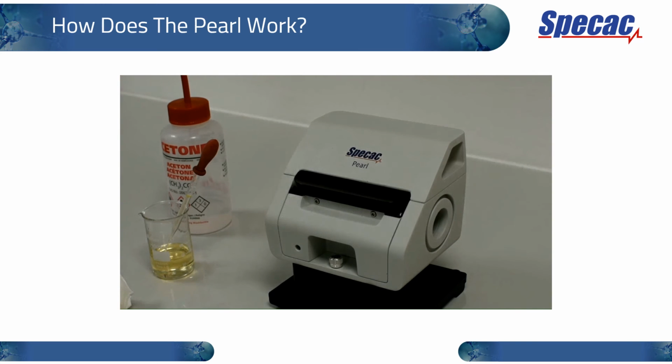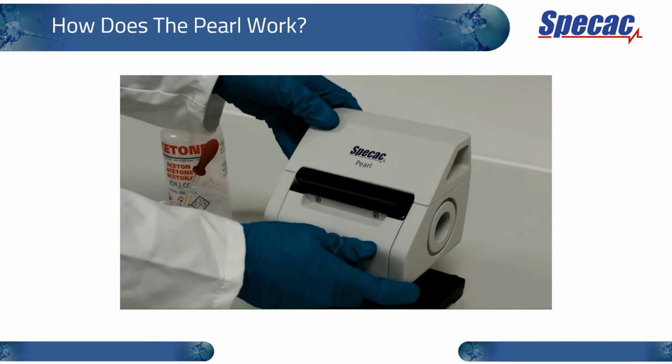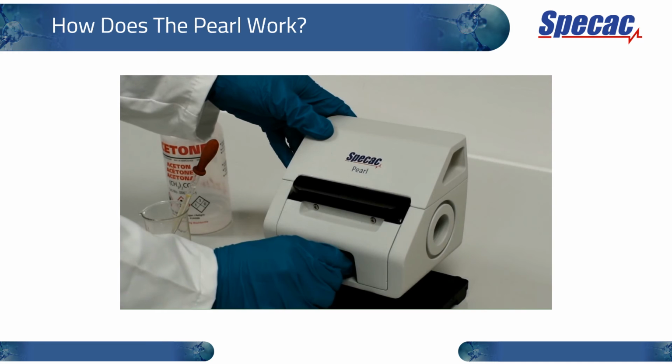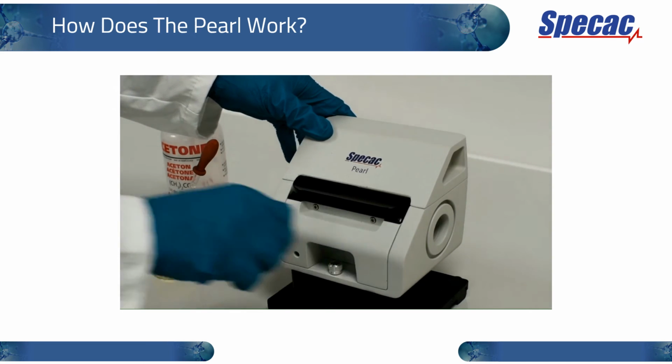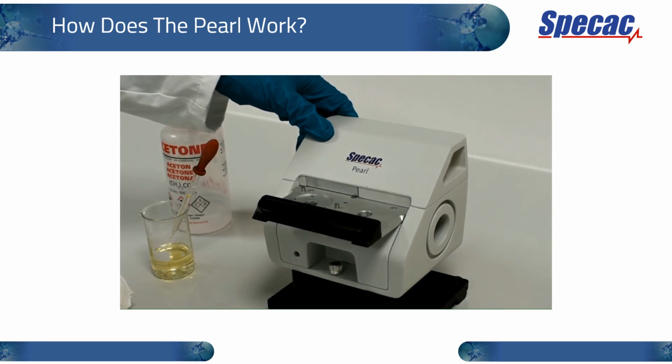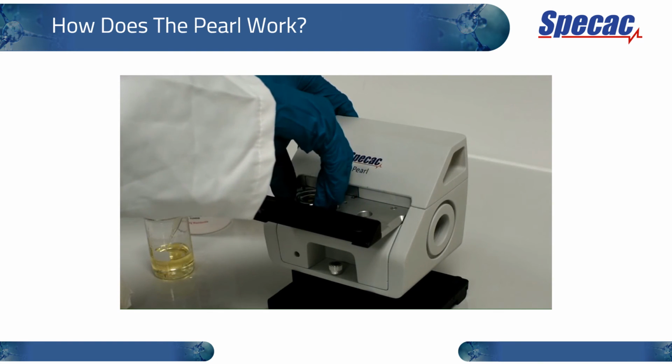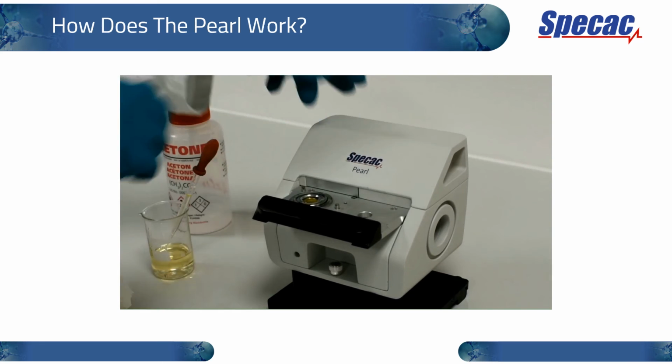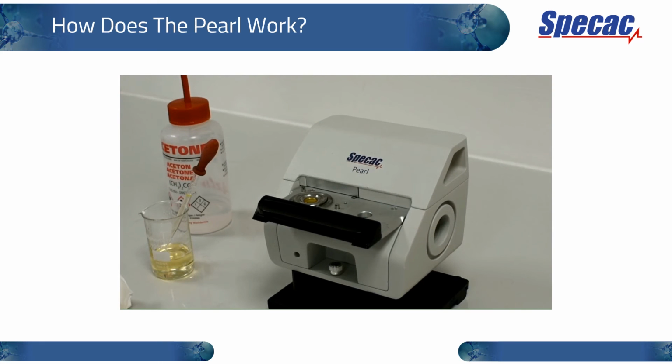To install the Pearl into your spectrometer, tighten the screw to the base plate. Then open the drawer and install a bottom window. The bottom window controls the path length, wedged or parallel, and the material.